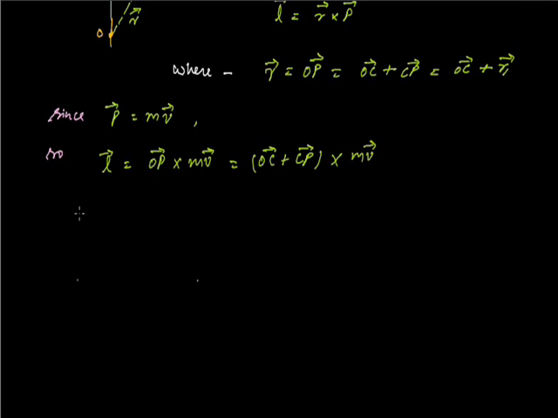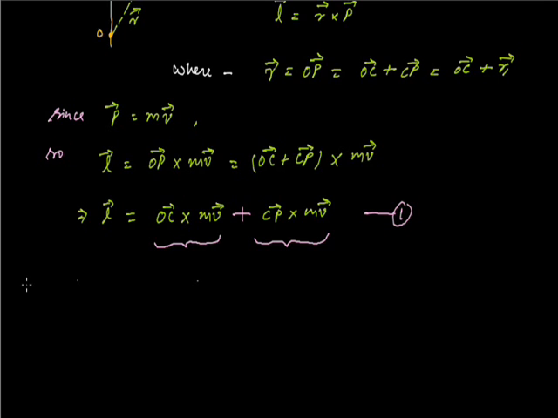So individually we can separate: OC vector product with mv, plus Cp vector product with mv. So here are two terms or two components adding and giving the angular momentum of the particle P. Let us say this is equation number 1.